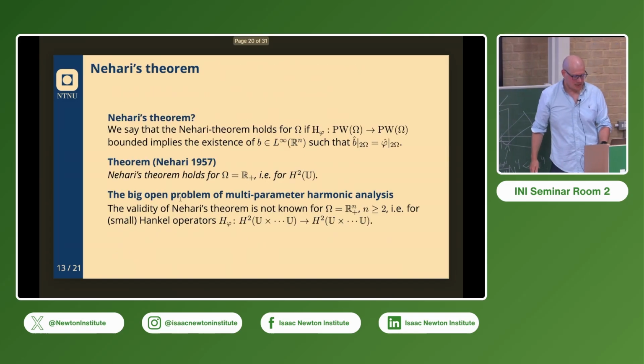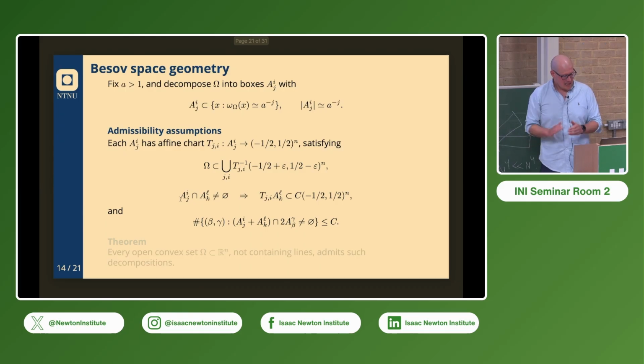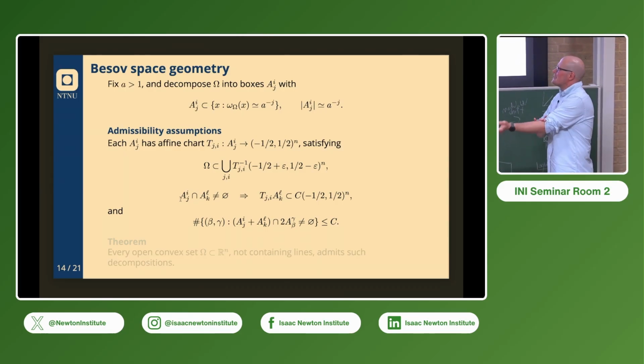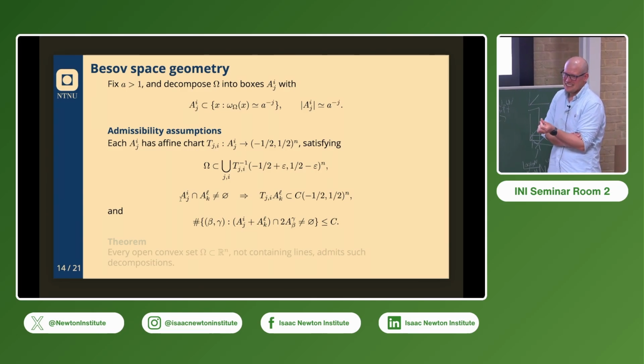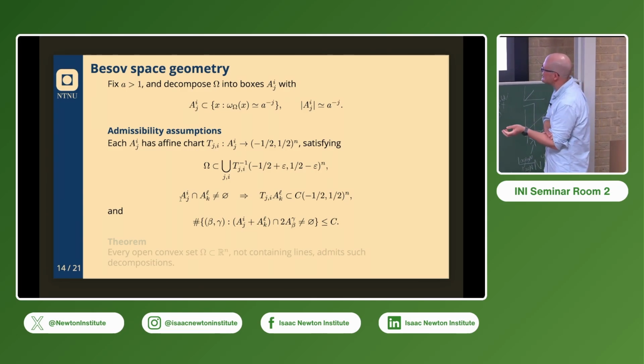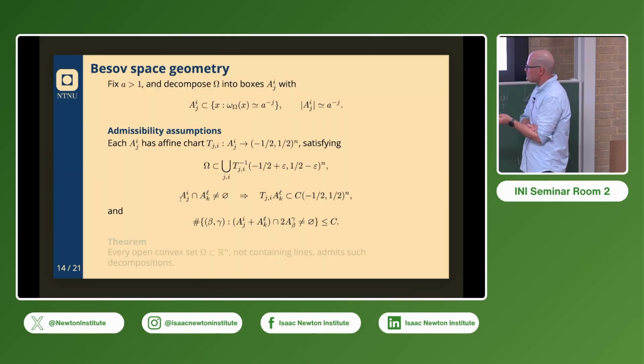I'm not going to torture you with the details, obviously, but this was very bad supervision on my part, because I gave this as a nice first problem to my PhD student Kostas, and it turned out to be a very difficult problem.